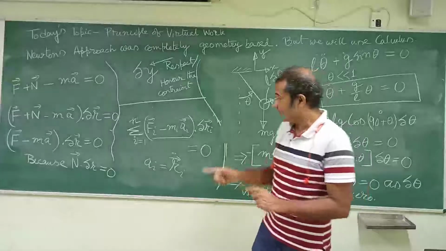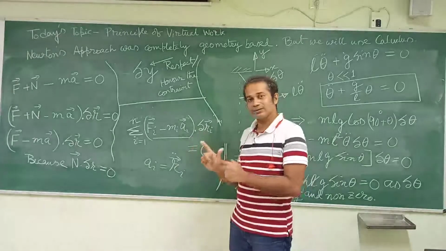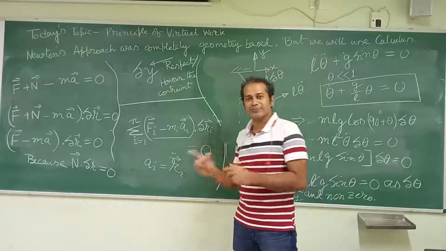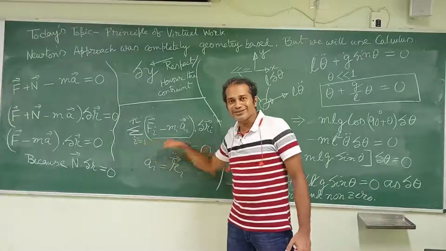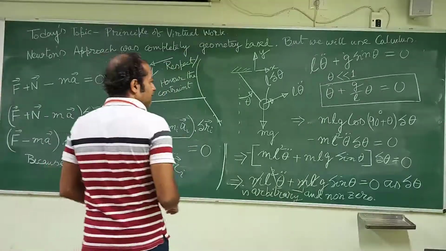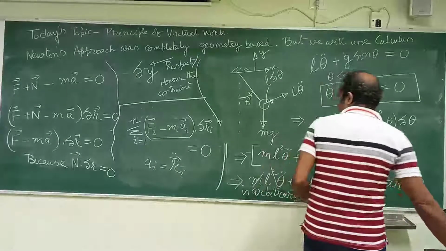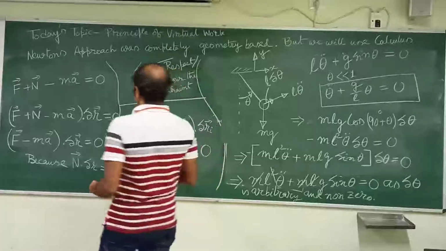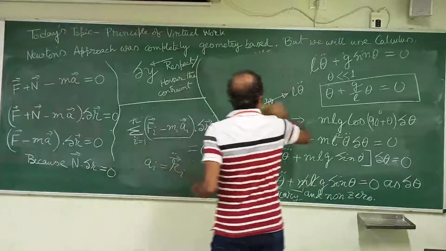If I give the virtual displacement in terms of the generalized coordinate, then it becomes independent. To give a simple example, let me erase this part. I think it's been done. Let me erase this part.